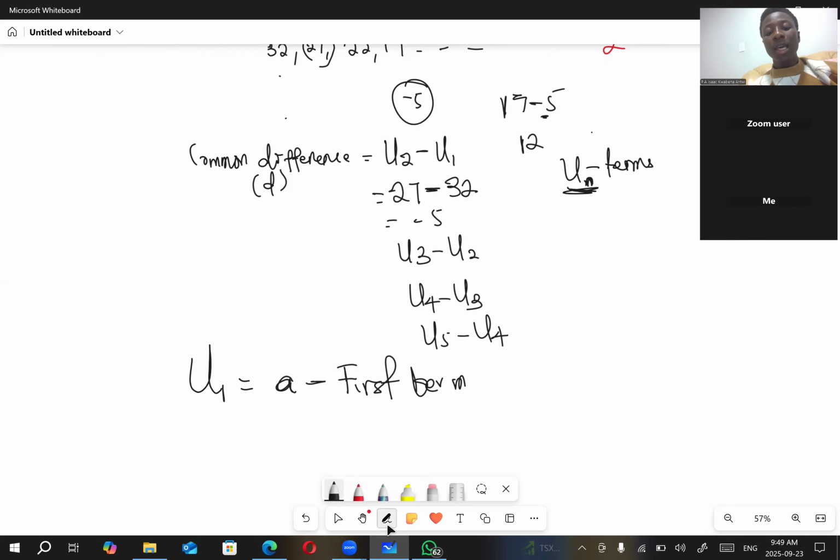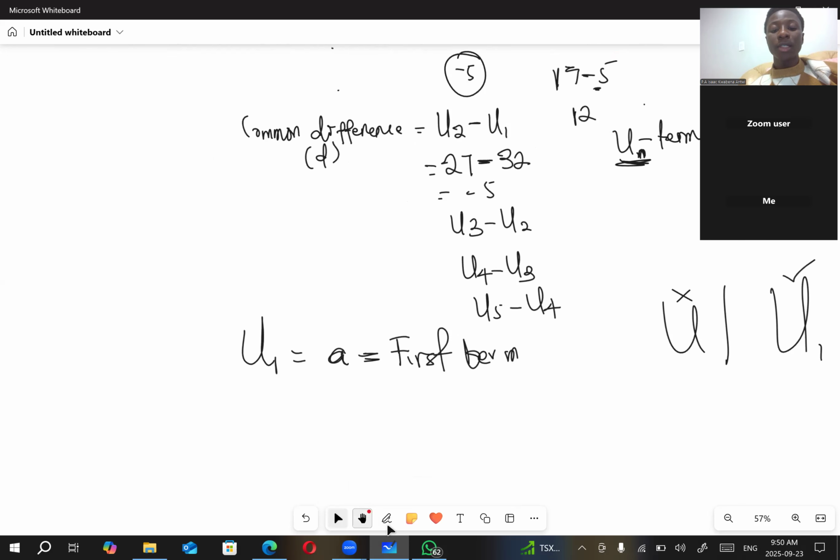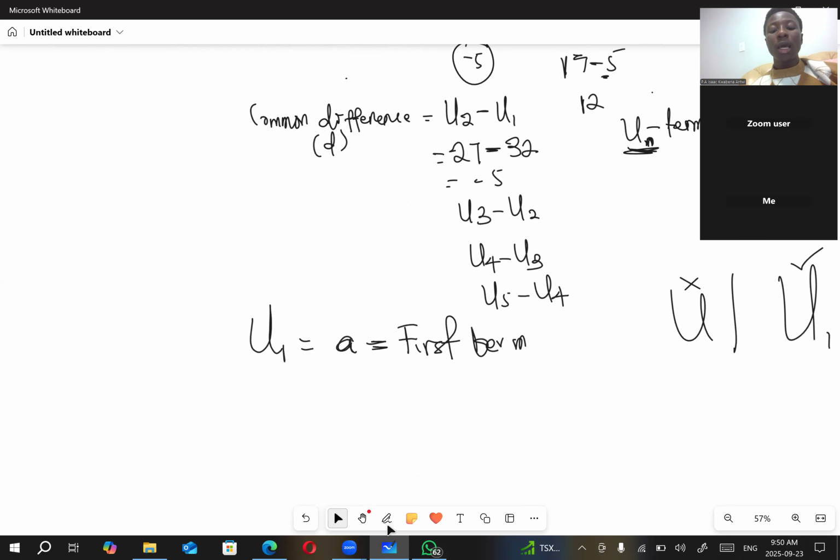If I ask you what's U1, the 1 is a subscript, so it shouldn't be written like this, but rather like this. So if I ask you what U1 or a is, it's the first term. Now let me introduce you to the formula.